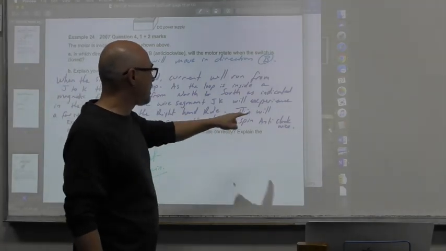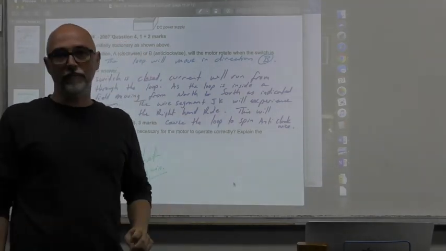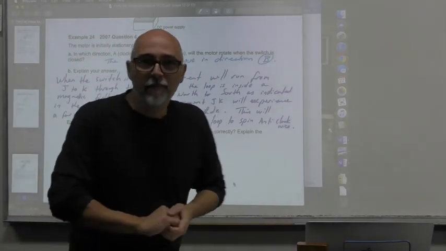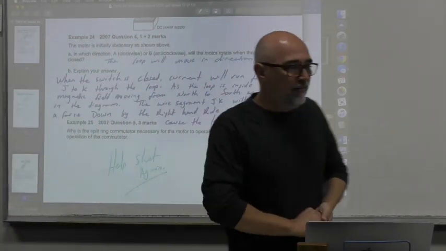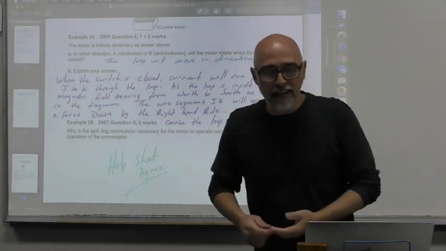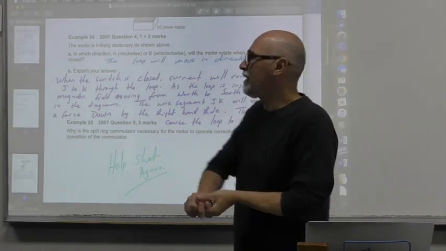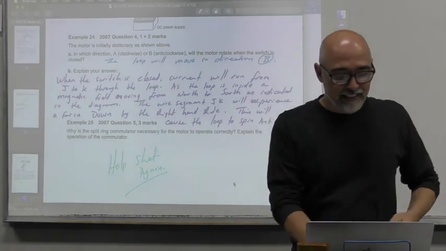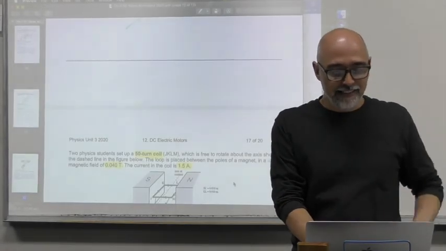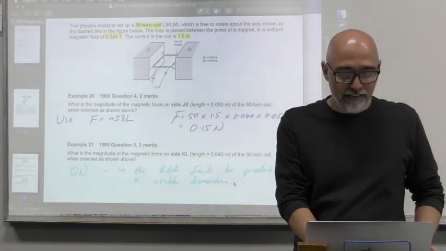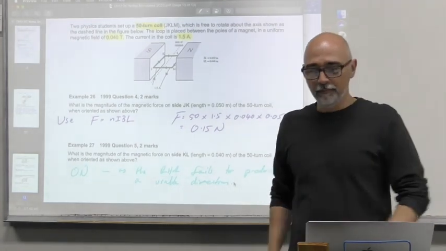This will cause the loop to spin anti-clockwise. That's why. You don't need to go into any more depth than that or any heavier science than that. That's the kind of stuff that you end up learning once you leave here and really get into the physics. This is just the very beginning.